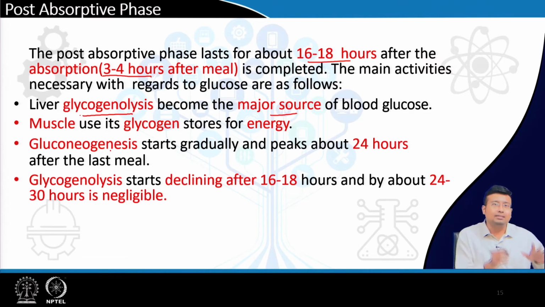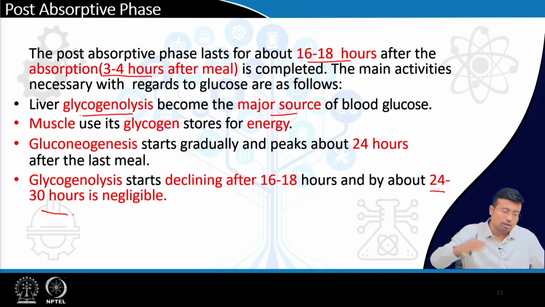Generally after 24 to 30 hours, the glycogen sources are depleted. So, from 3 to 4 hours till the next 16 to 18 hours, the liver will continue to supply blood glucose from its glycogen.